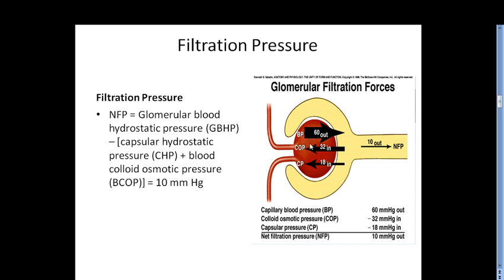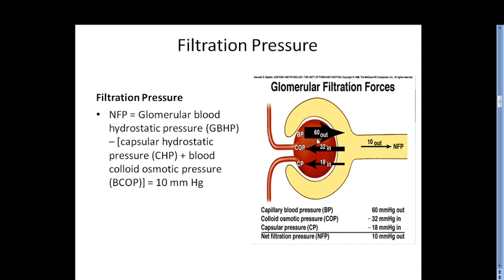As we know, in the systemic capillaries it is almost 25 to 30 millimeters of mercury, whereas in the glomerular capillaries it is very high because there is a need to filter the blood. The second pressure is the colloidal osmotic pressure, and the third pressure is the capsular hydrostatic pressure. These three forces operate in different directions.